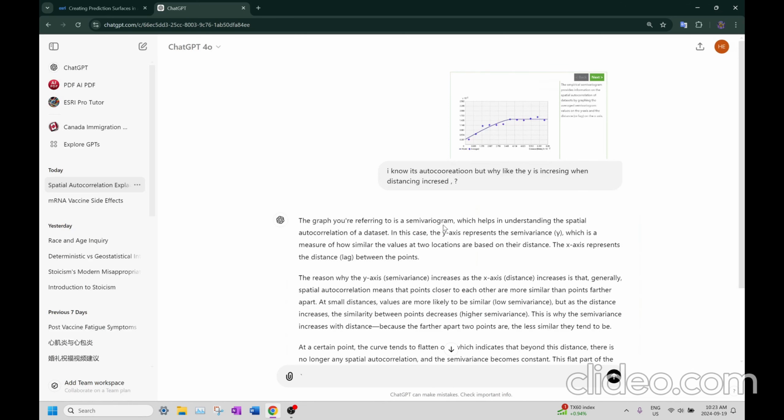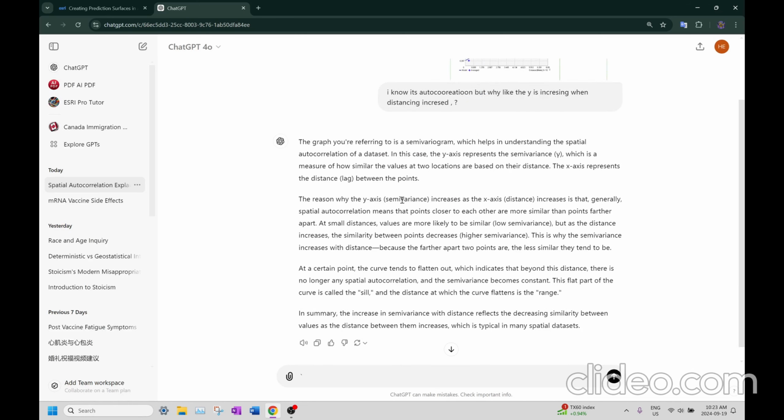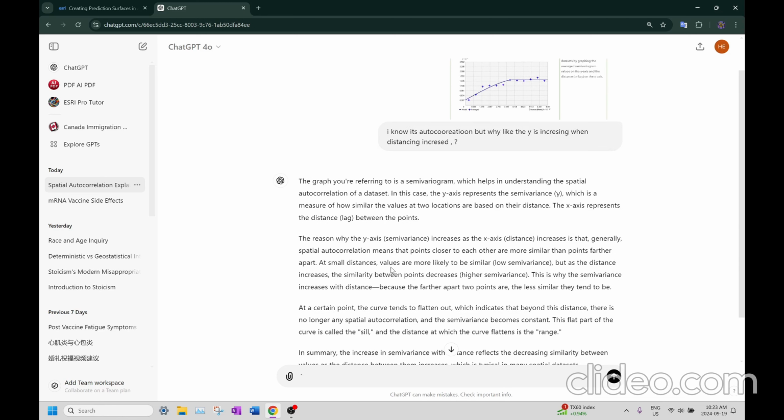By checking the AI, it says the y-axis value represents the semivariance, and with spherical correlation, closer points are more similar and further apart points are less similar. At a small distance right here, values are more likely to be similar, so low semivariance means the y value represents dissimilarity: a low value means very similar, a high value means less similar.